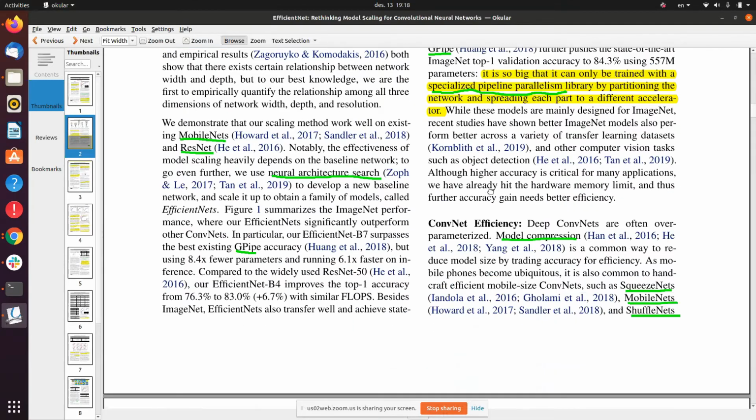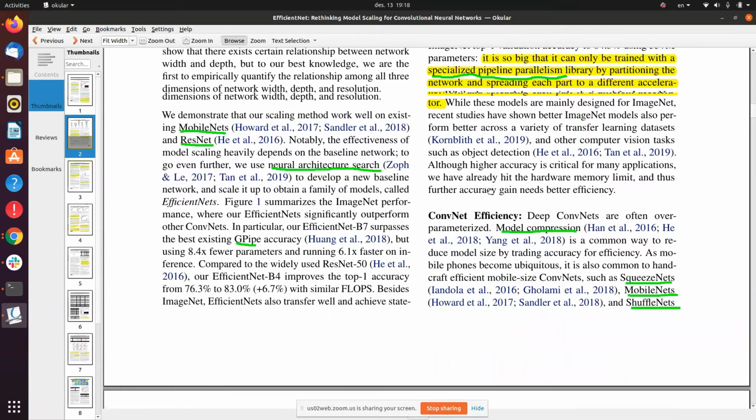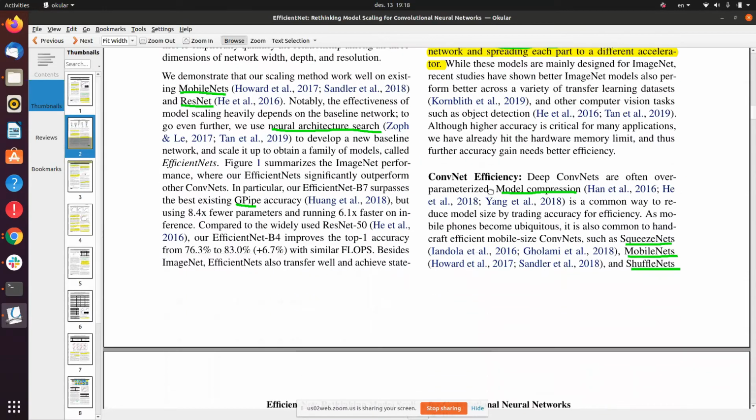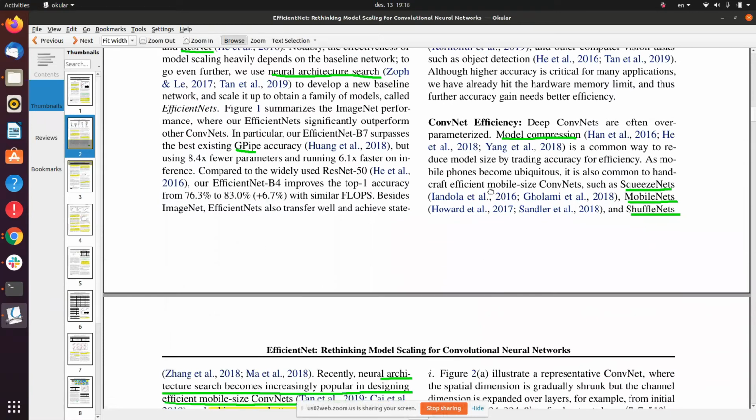The next section talks about what happens once you increase the number of layers, the number of units in each neuron, in each layer, and the resolution. The problem that we face might be the increasing model size. Maybe we need supercomputers, very high level GPUs, all those things.